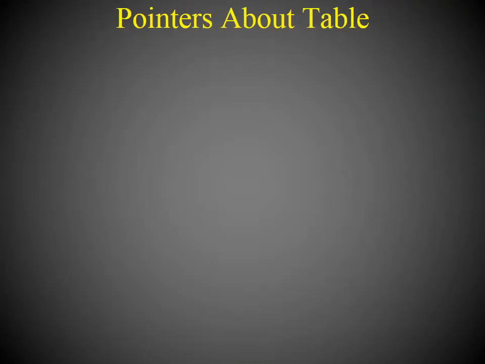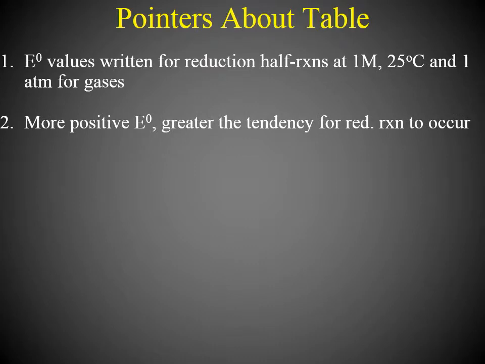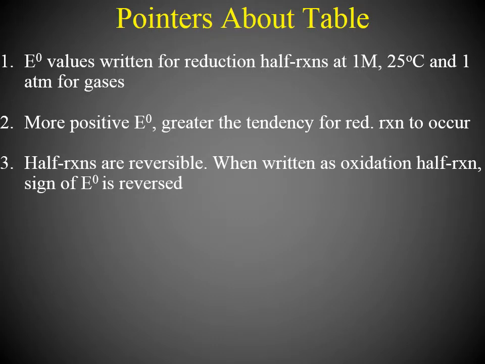A few pointers about the table. The cell values are written for reduction half reactions conducted at 1 molar concentration, 25 Celsius, and 1 atmosphere for gases. The more positive the cell value, the greater the tendency for the reduction reaction to occur, as already pointed out. A half reaction is also reversible. In other words, when I write the half reaction as an oxidation half reaction, the sign of the cell value is simply reversed.